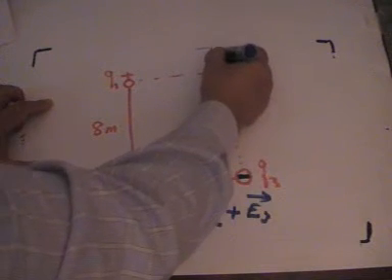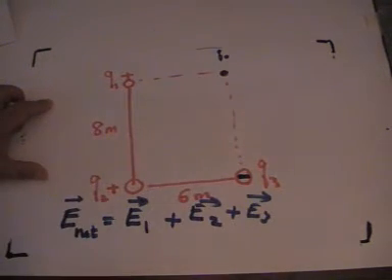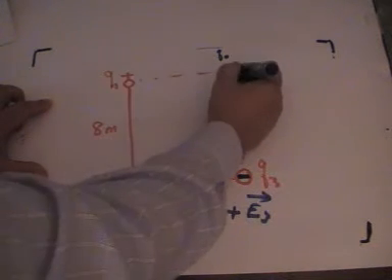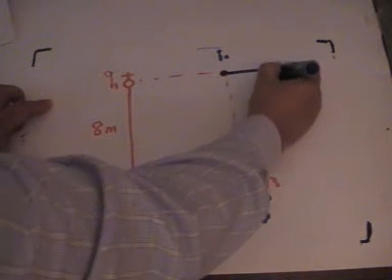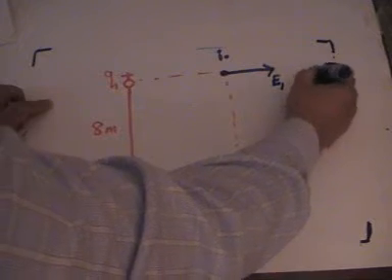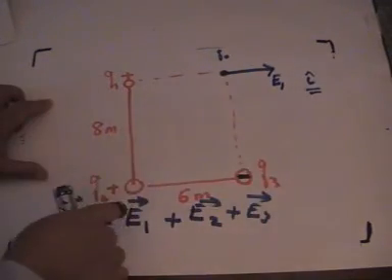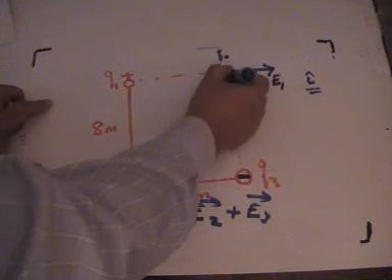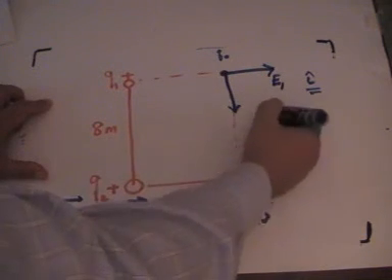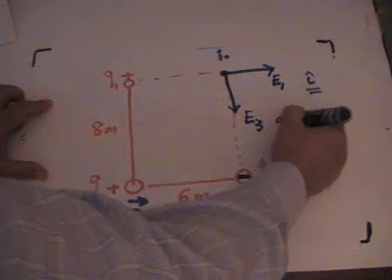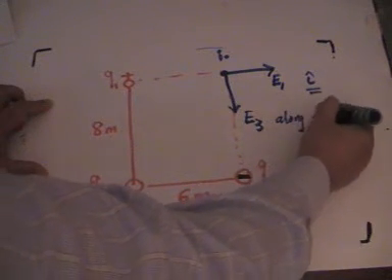Remember how I find the electric field: I place a positive test charge there. So this is positive, I'm positive, that means E1 will be this way. E1 will be along the i hat direction. And for 3, this is positive, this is negative, so E3 will be along the negative j hat.